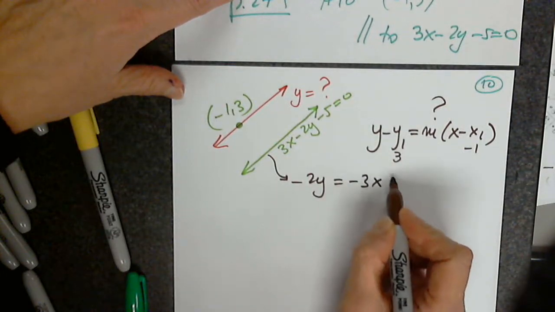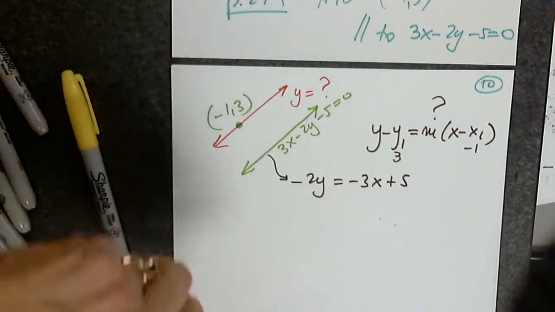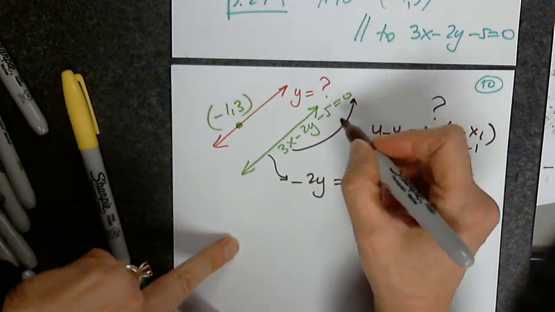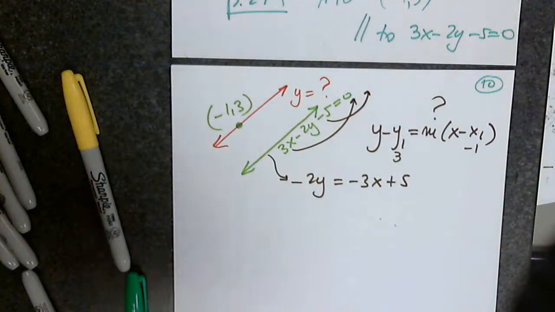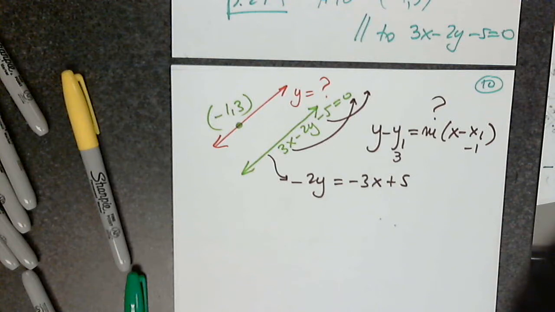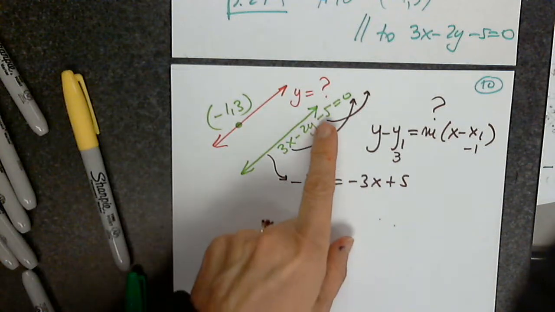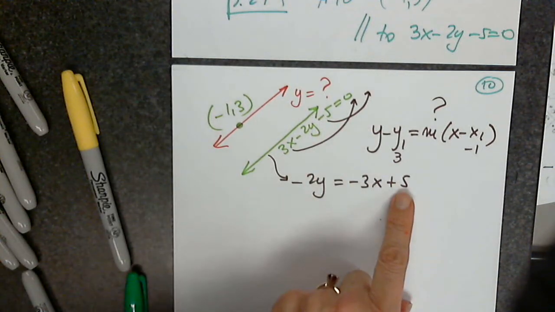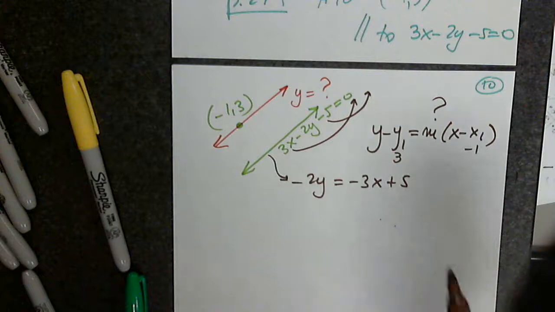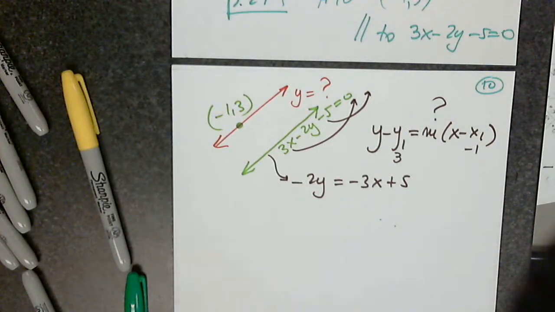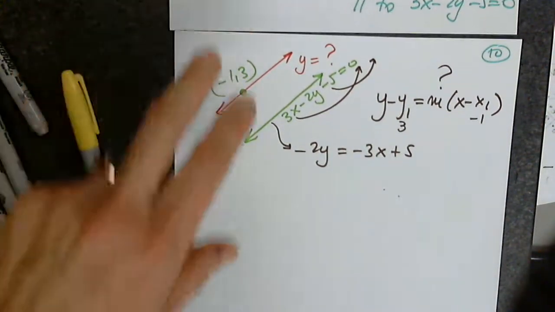-2y equals -3x plus 5. I moved 3x to the other side and I moved -5 to the other side. So 3x was positive here and moved to the other side being negative. It was negative here and moved to the other side being positive. Now, please do not do this because it's difficult to identify the slope.